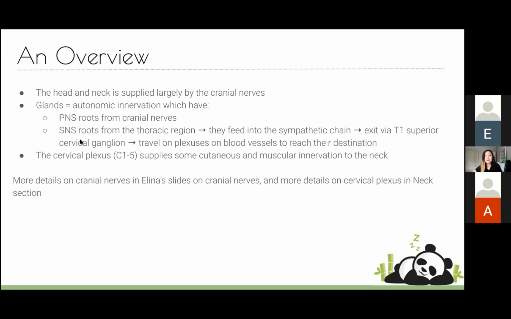All your SNS comes from the roots in the thoracic region. They feed into your sympathetic trunk, go up, exit via T1, and then travel on blood vessels, plexuses, to reach their destination. And then you've got your cervical plexus, which I mentioned before, with some cutaneous and muscular innervation to the neck.